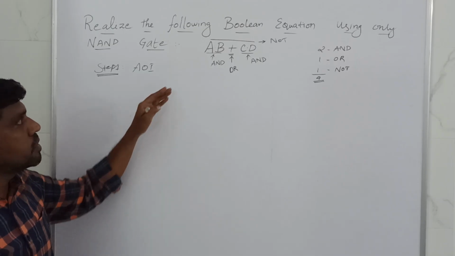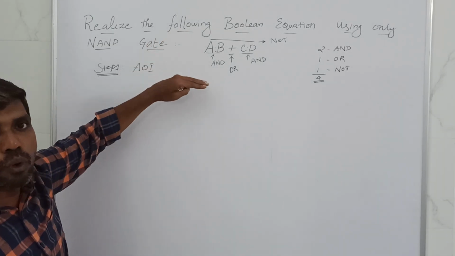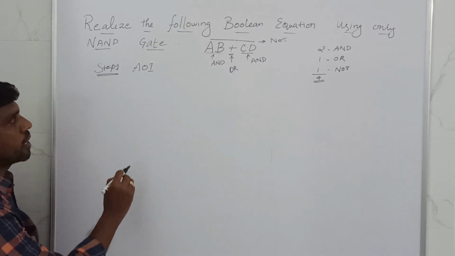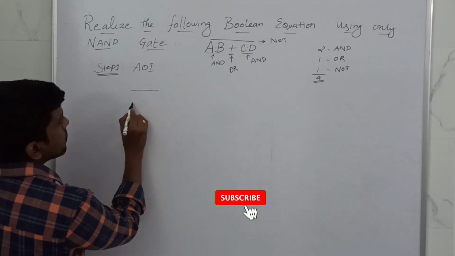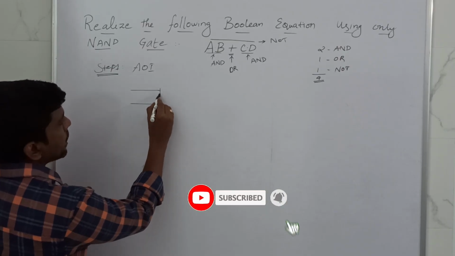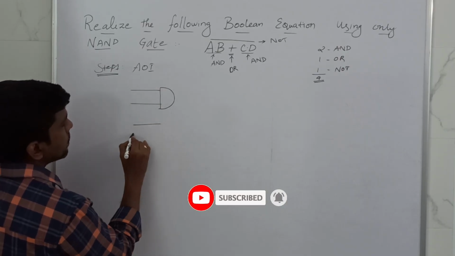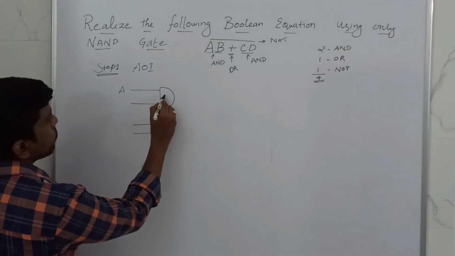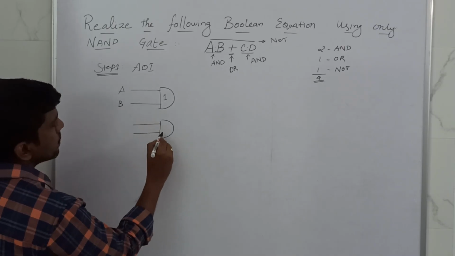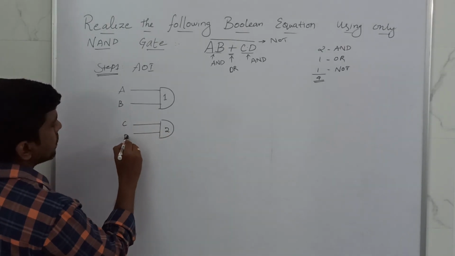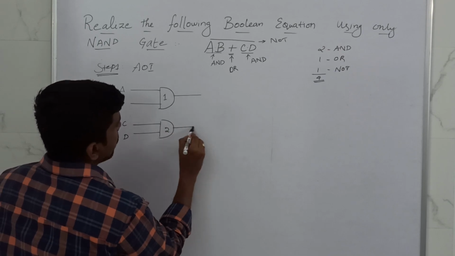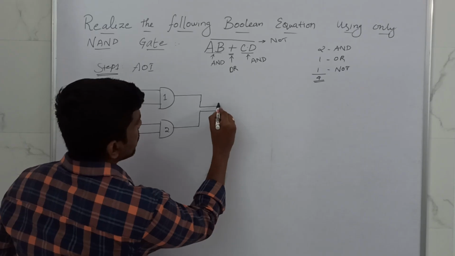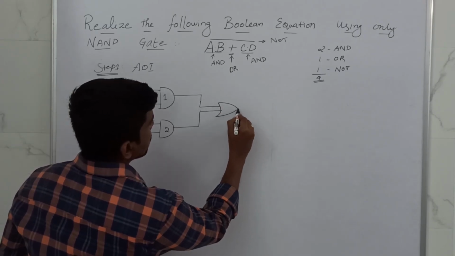So step 1 is the given Boolean expression is converted into a logic circuit by using AOI, AND-OR-inverter logic gates. I need 2 AND gates because we have 2 product terms, A dot B and C dot D. The first AND gate input is A and B, the second AND gate input is C and D. Output of these 2 AND gates is given to the input of the OR gate.